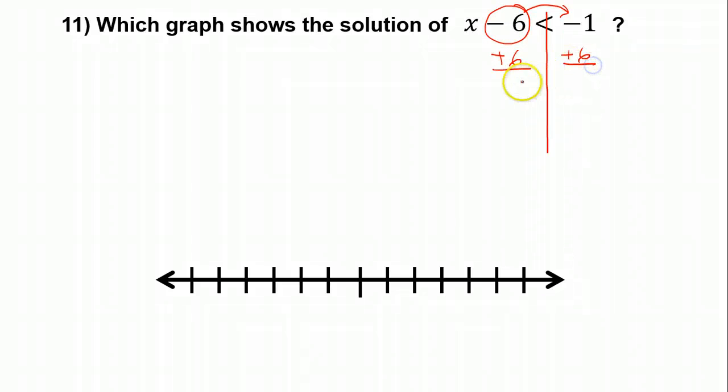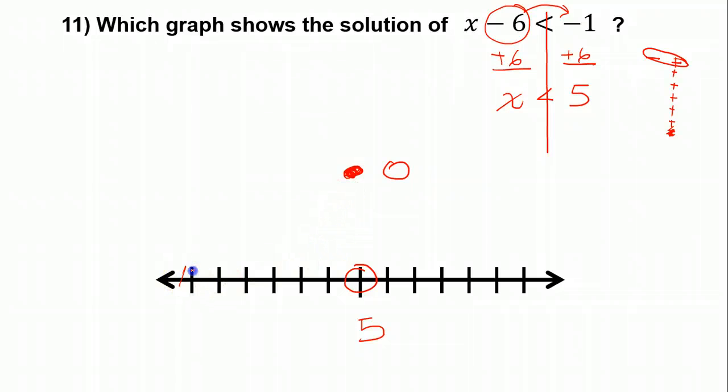So that would be 5 positives. So I put 5 here. Now, is this going to be a closed circle or an open circle based on my inequality? Open, right? And which way am I going to shade? This way, right?